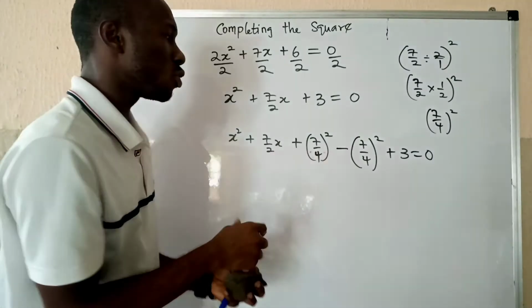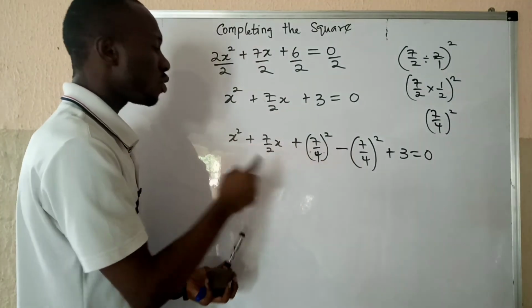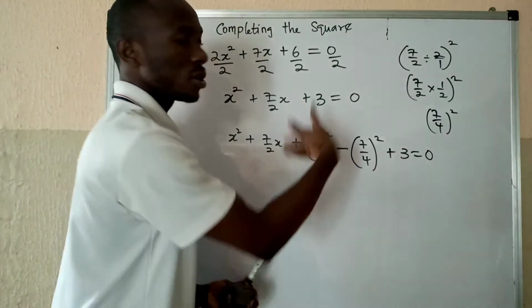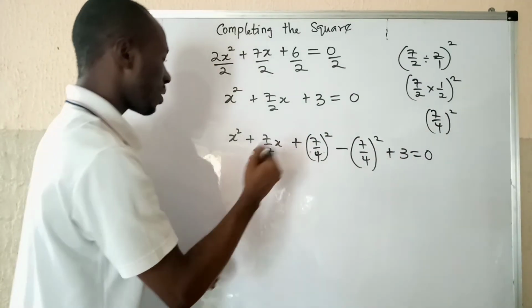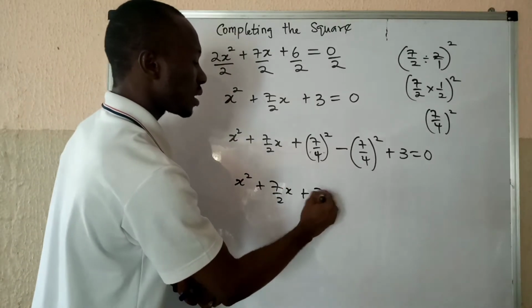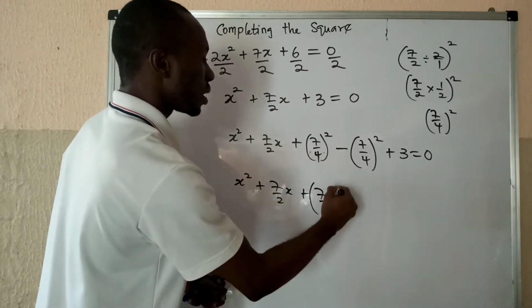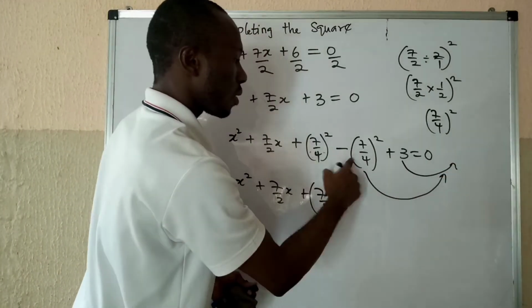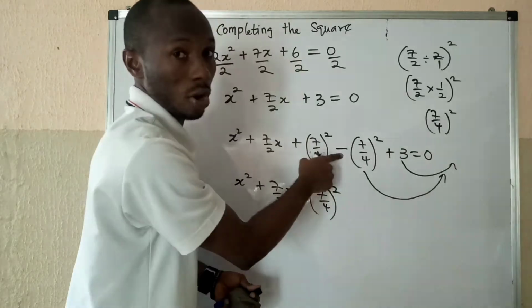So the next thing we do is, in this equation, we only need this 3 term on the left hand side, and we have to take these 2 terms to the other side of the equation. So we have x squared plus 7 over 2x plus 7 over 4 all squared. Then I'll take this term to the other side, and when it goes over, it becomes plus.